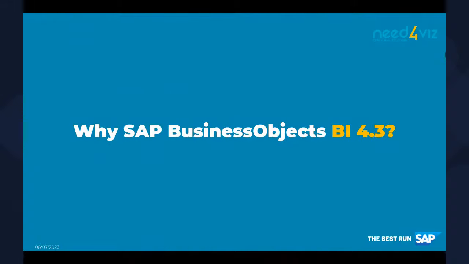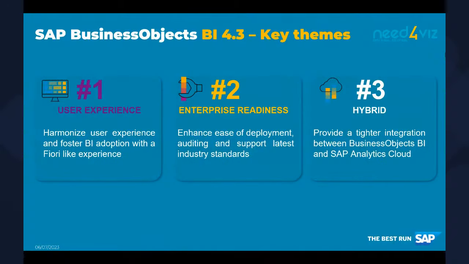Next one. Why the BI 4.3? Next slide, please. I'm going to recap here quickly what our primary objectives were for this release, which was delivered almost more than 3 years ago. We had 3 objectives.